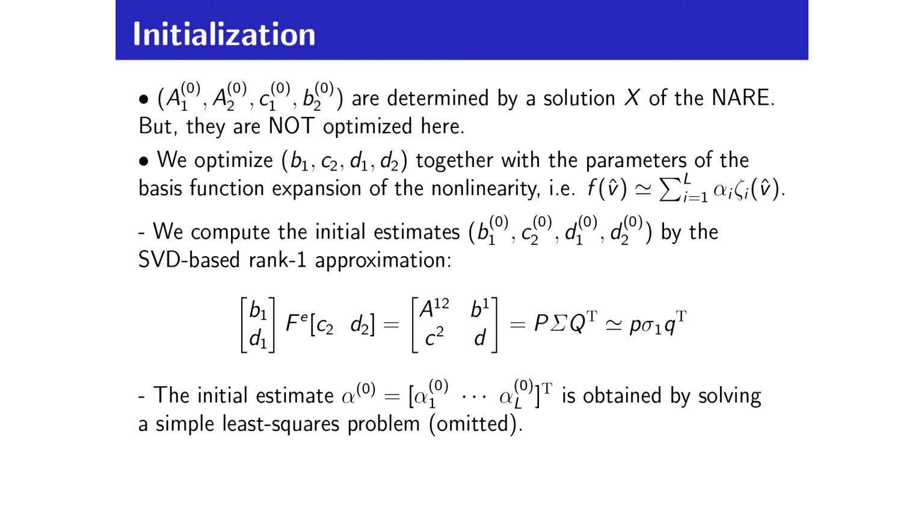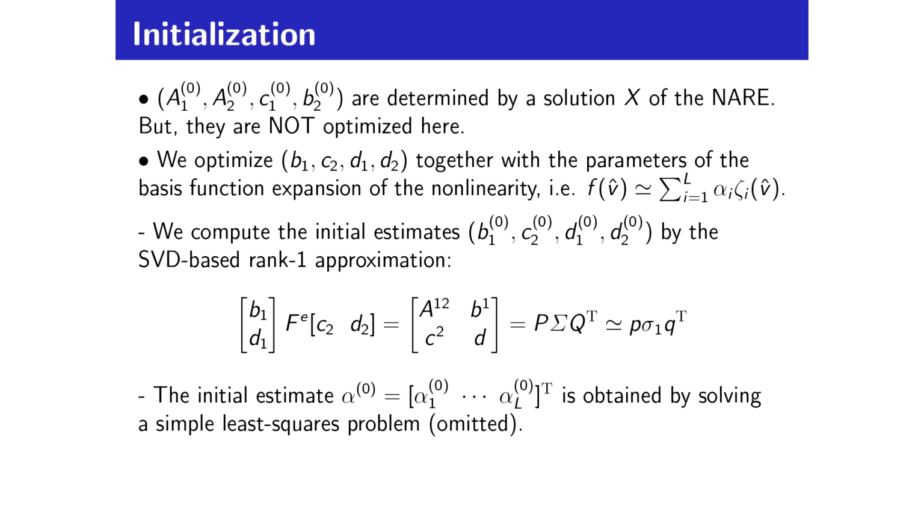But assuming that the identification results are very nice, we do not optimize these parameters. The remaining parameters are optimized together with the parameters that appear in the basis function expansions, alpha here. So we need some initial conditions for these parameters.